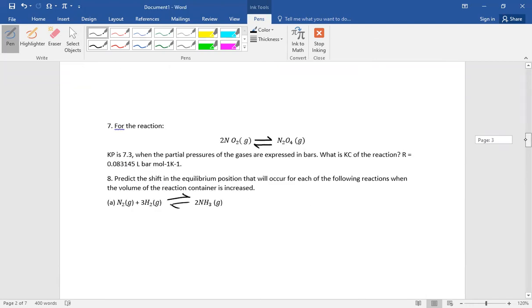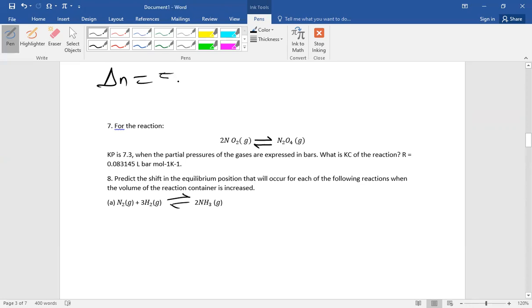Okay, so we go to question 7. Question 7 says for the reaction, this one, Kp is given there. Given that Kp, when the partial pressures of the gases are expressed in bars, what is the Kc for the reaction? For us to get the Kc, we're going to first find the delta n.